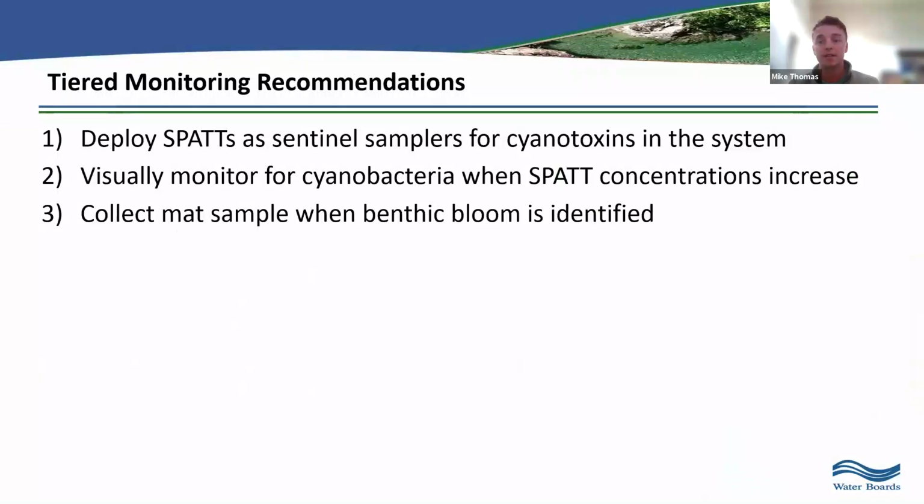Once SPATs indicate that cyanotoxins are increasing, you would then implement visual monitoring to document the location, extent, and condition of benthic toxic mats. And third, if mats are abundant, detaching, and accumulating, or their deliverability is increasing, you would then conduct mat sampling to confirm that the bloom is in fact toxic.